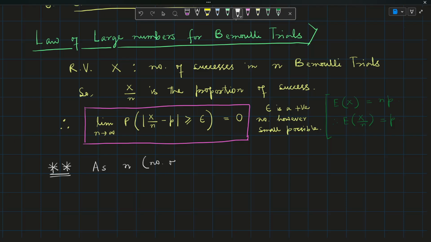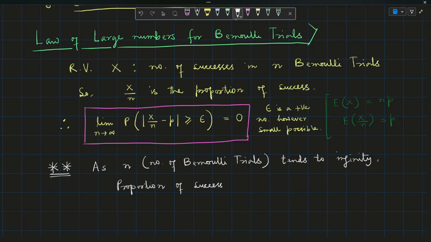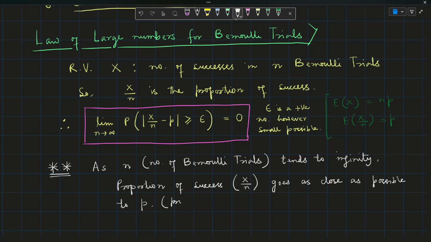As n, the number of Bernoulli trials, goes to infinity, that means n becomes very large, then the proportion of success, which is x by n, goes as close as possible to p, which is the probability of success in one Bernoulli trial.